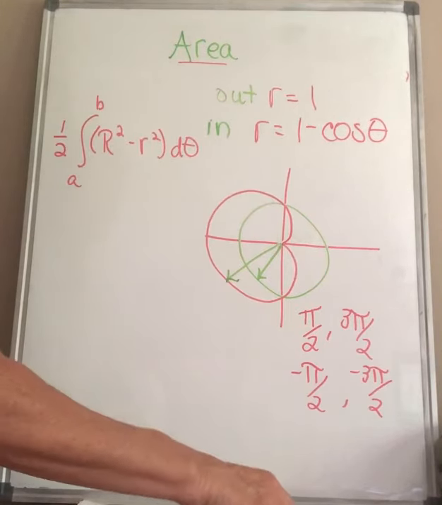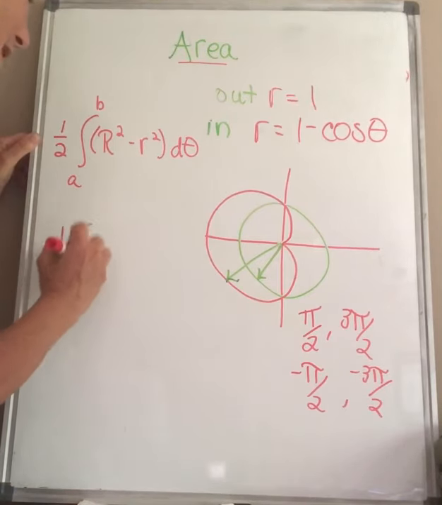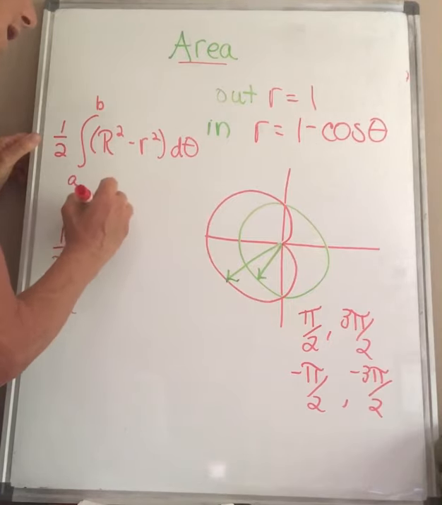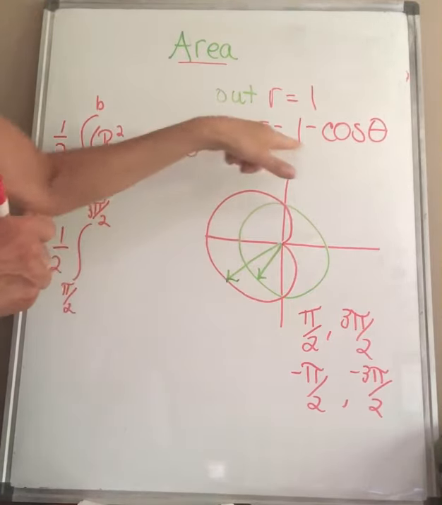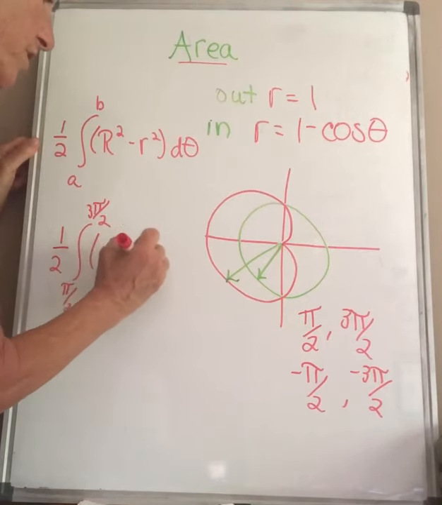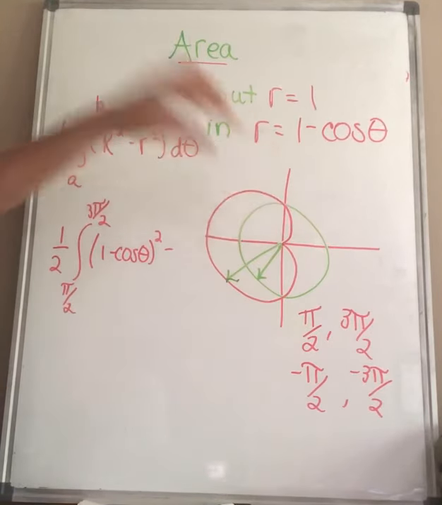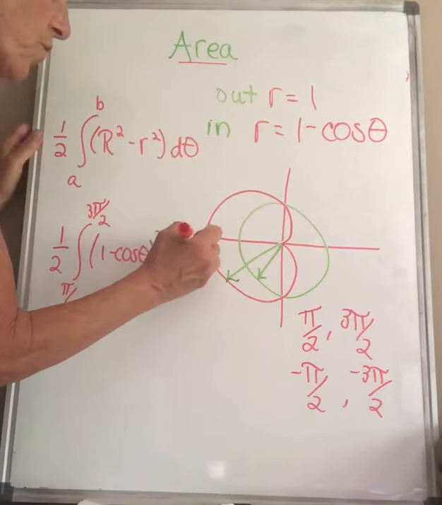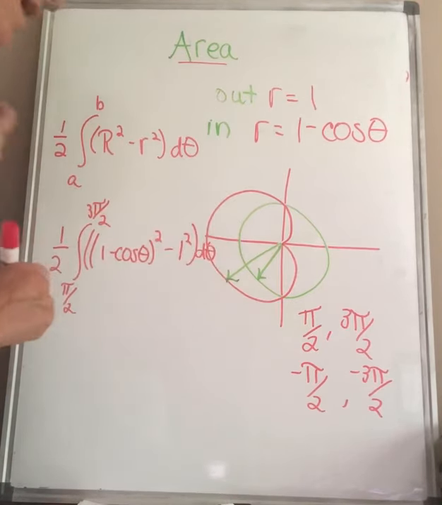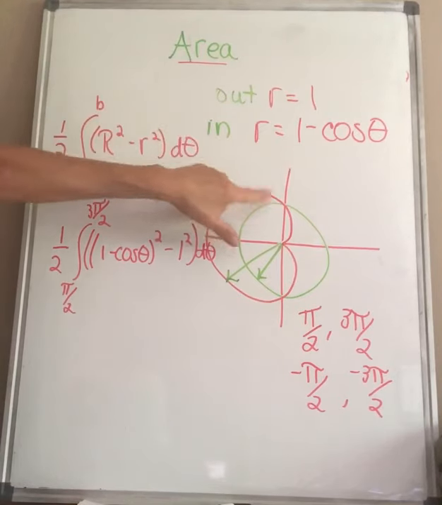So when I'm setting this up, I'm going 1/2, and I'm going from pi over 2 to 3 pi over 2. My larger one is 1 minus cosine of theta squared, minus my smaller one, which goes to the circle, 1 squared d theta. And that will get you the area that's outside the circle and inside this red piece right here.